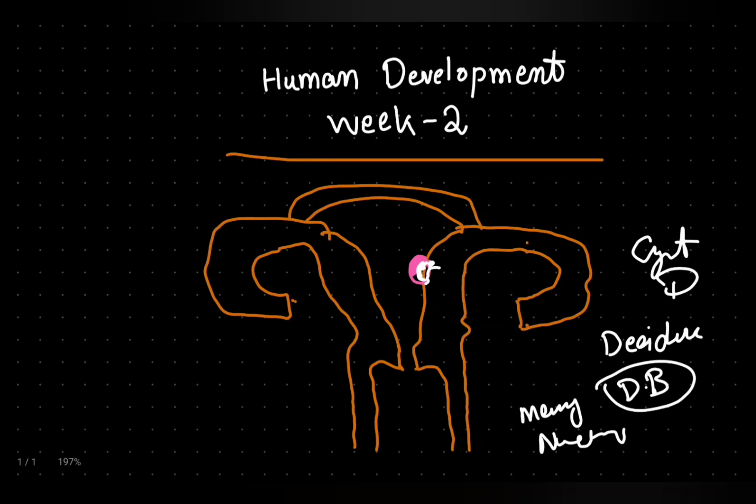Finally it penetrates inside. At day 12, it penetrates inside the wall of the uterus, and because of a high level of progesterone, the decidual reaction takes place.